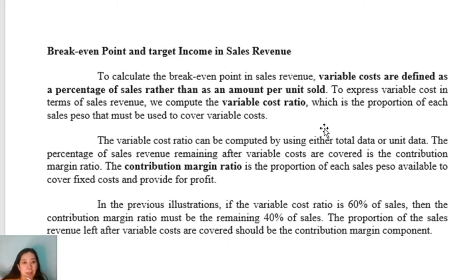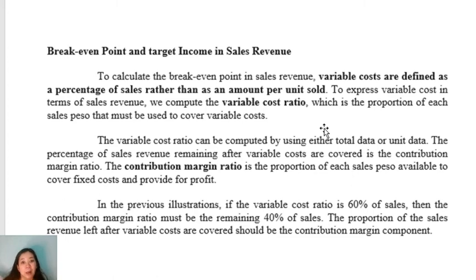Here, to express variable cost in terms of sales revenue, we will compute the variable cost ratio. So what is the variable cost ratio? This is the proportion of the sales peso that must be used to cover the variable cost. In other words, all you have to do is divide variable cost by sales revenue.